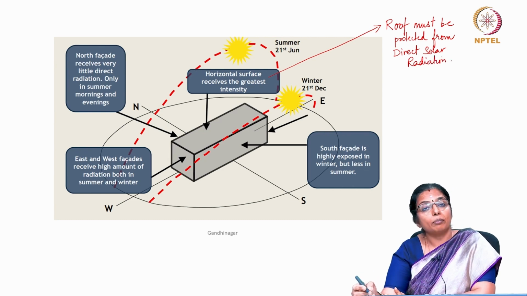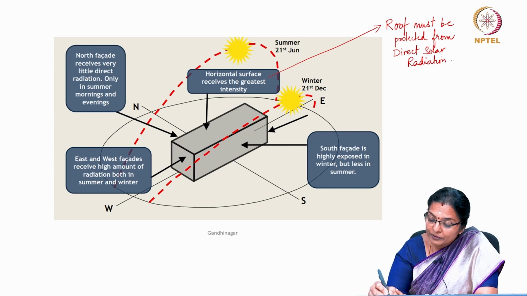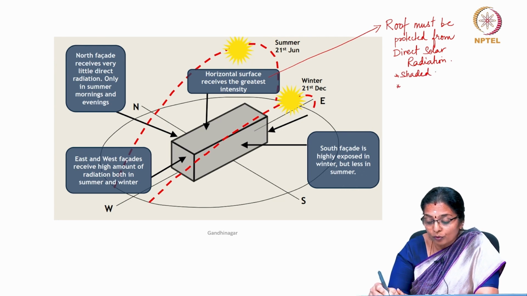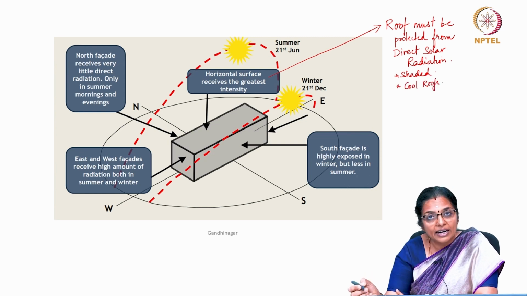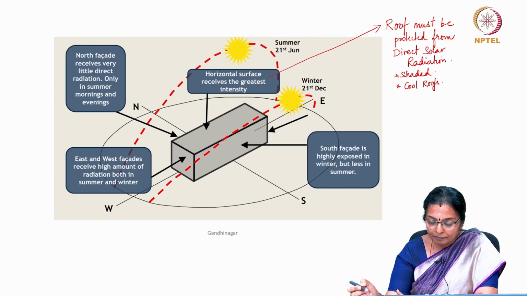That can happen in many ways. The roofs can be either shaded or one could go for cool roofs. We will discuss these techniques a little later in the class. Just for perspective, I am mentioning these names to you so that you also become familiar.